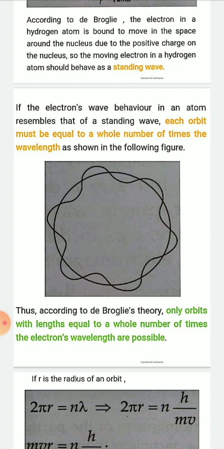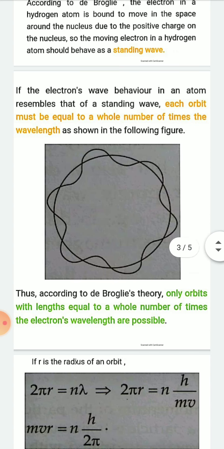According to de Broglie, this 6 lambda will always be equal to 2 pi r, the circumference of this circular path.